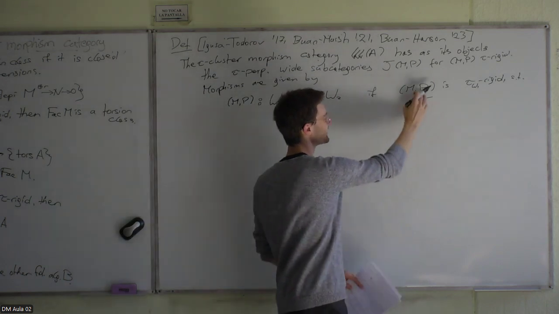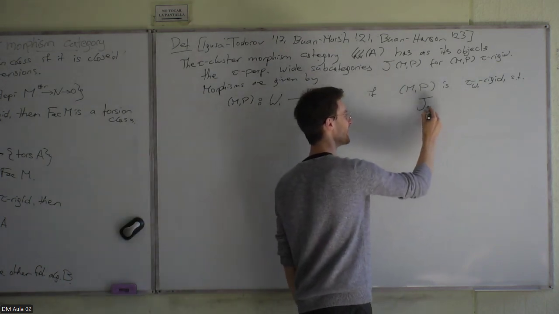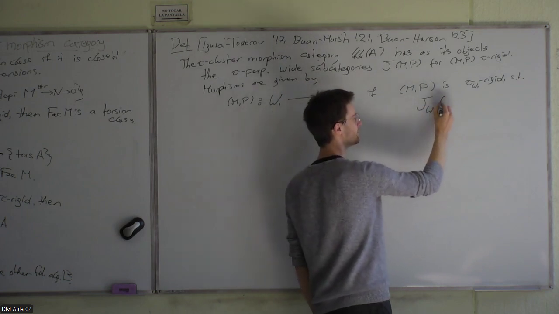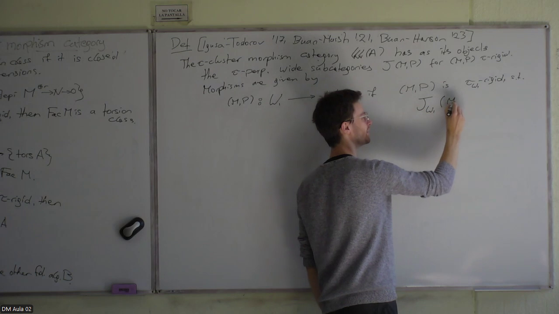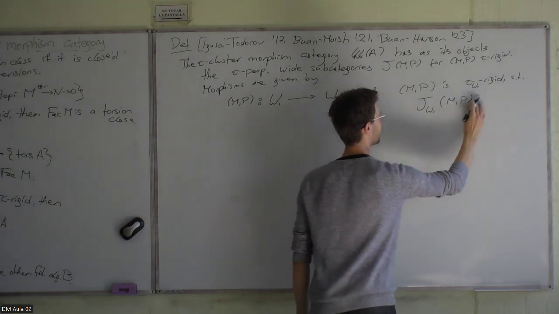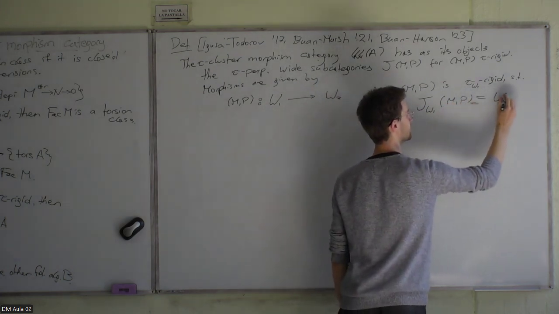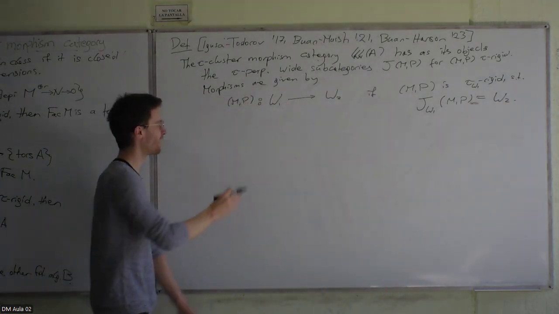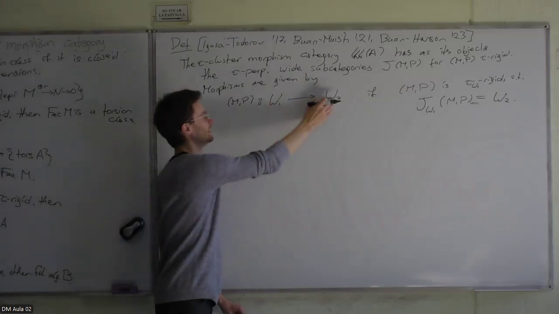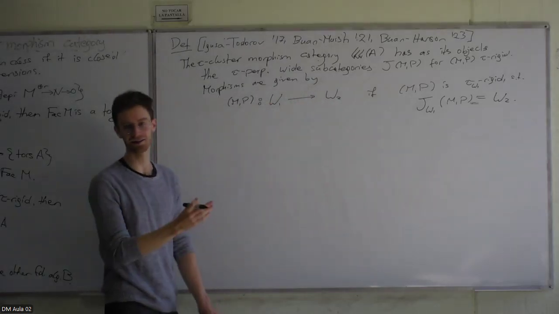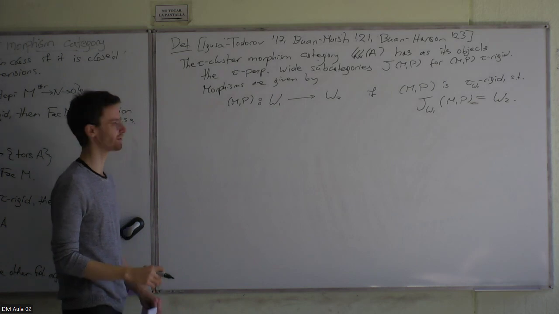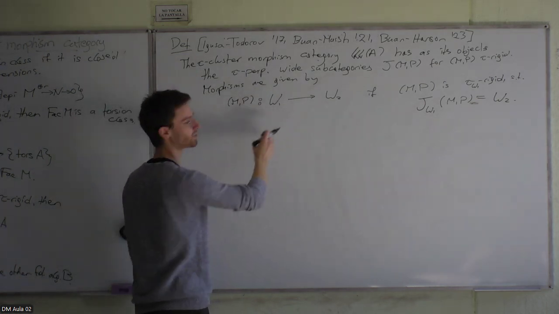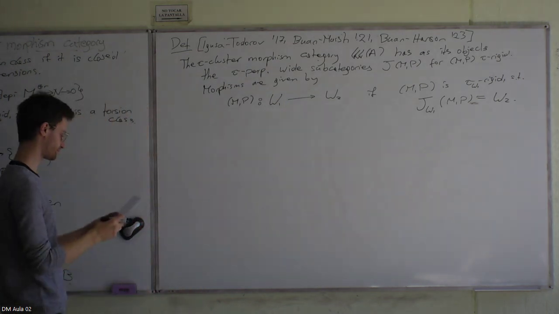So now we have this MP, which is tau W1 rigid, and we form this tau perpendicular subcategory inside of W1 of MP, and this should be equal to W2. So somehow these tau rigid pairs are really ways of going between these wide subcategories, and these are exactly the morphisms, by definition a map from one wide subcategory to another.